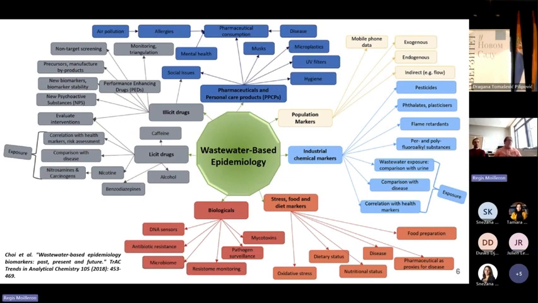Here is a view of what wastewater-based epidemiology could be used for, because you can have some information about the use, as I said, of illicit or licit drugs, but also about industrial chemical markers, about the population, but also some aspects on social issues. So wastewater-based epidemiology is very important in order to get a better knowledge about wastewater contamination by micropollutants.